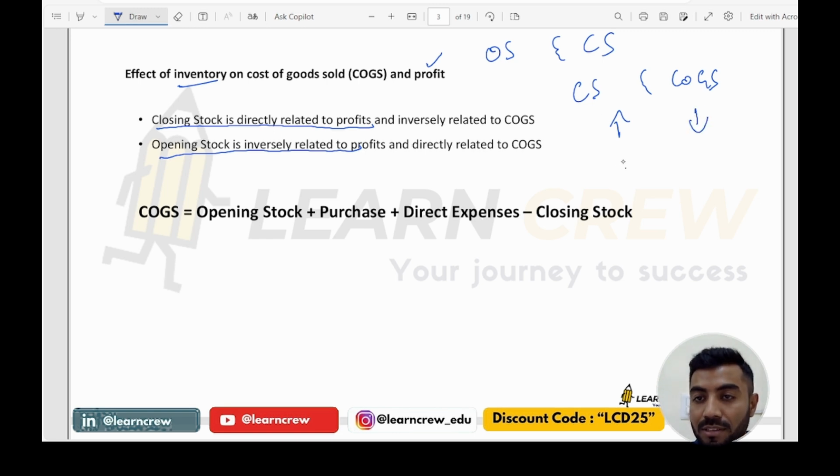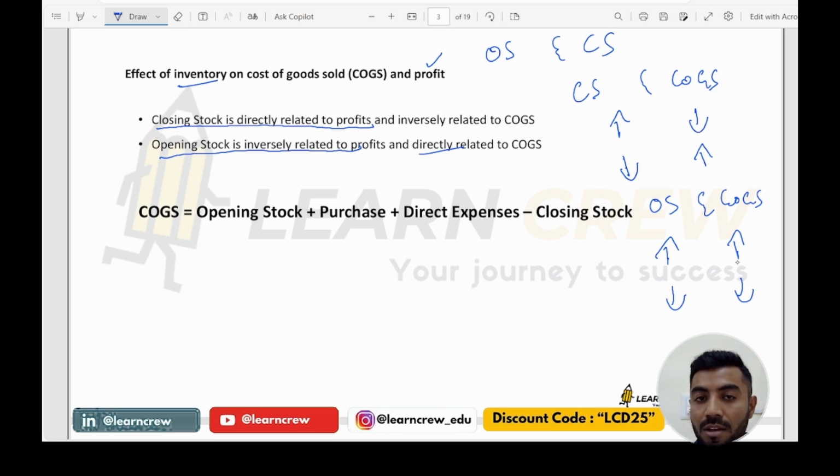If the closing stock is decreasing, cost of goods sold will be increasing. With respect to opening stock and cost of goods sold, it shall have a direct relationship. If the opening stock is increasing, the cost of goods sold also will be increasing. If the opening stock is decreasing, the cost of goods sold will be decreasing.